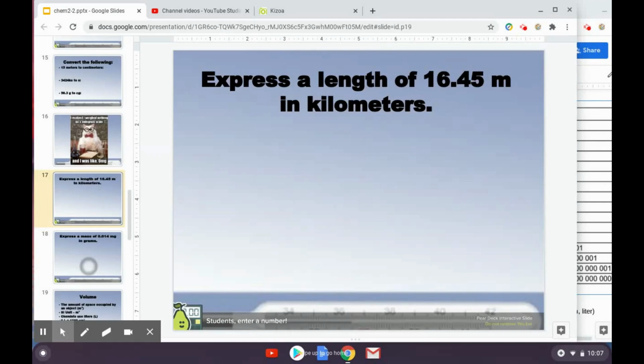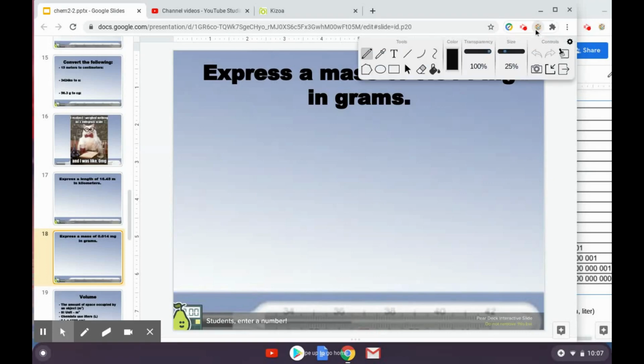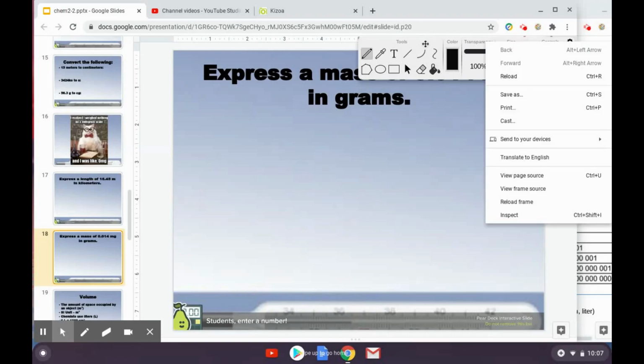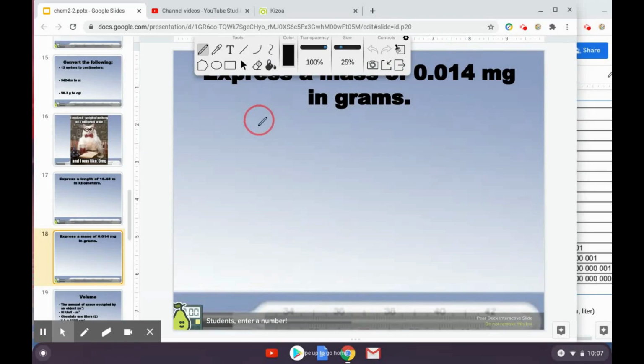On the next one, we've got 0.014 milligrams, and we're going to go to grams. So we had trouble here, guys. Okay. So we've got 0.014 milligrams, and we're going to grams.